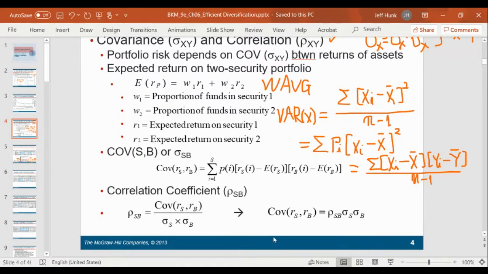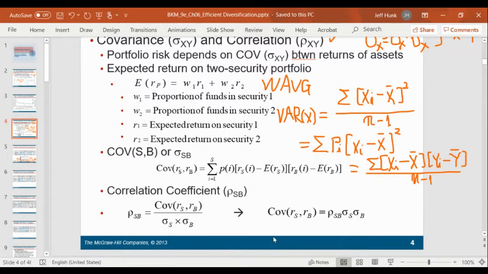So mathematically, correlation ranges between -1 and +1. If there is a perfect correlation, it would be +1. If there is a perfectly negative correlation, it will be -1.